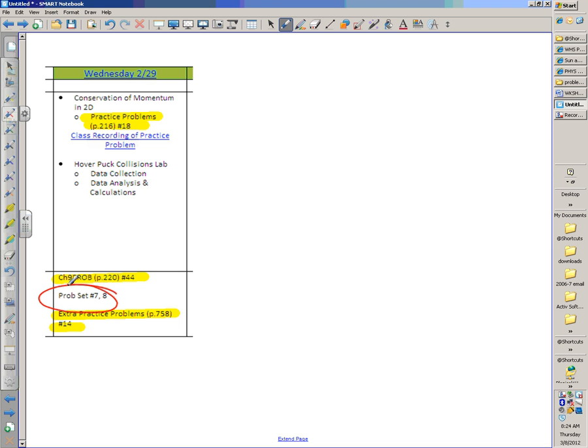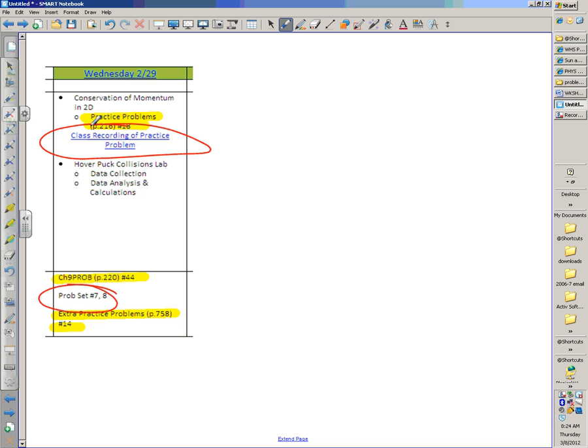The problem set, number 7 and 8, are more similar to the original kind of problem that we did, where you had one of the final velocities and you can figure out the momentum there and break it into components. Also, there's the class recording, so you have an option of taking a look at it again and seeing how we did it.